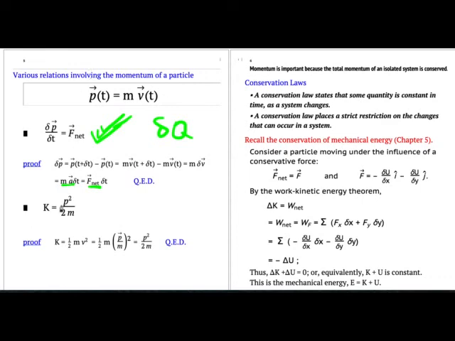Another relation is kinetic energy is P squared over 2m. Well, I talked about that a minute ago. Kinetic energy is a half mv squared. That's a half mp over m squared. That's P squared over 2m. So that's a relation between kinetic energy and momentum. In Newton's time, Newton believed momentum was really the important quantity, mass times velocity, because of this law of motion.